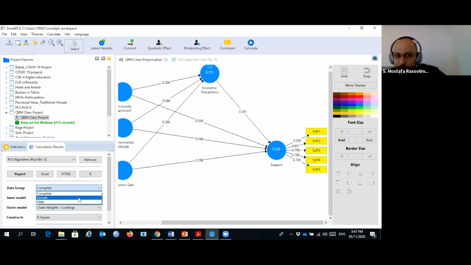If you change to female, for example, the effect of perception on support for female is 0.366 and for male is 0.209. So you can see a significant difference between the effect of perception on support for male and female, right?